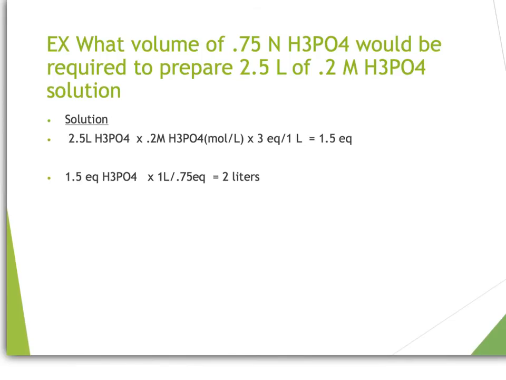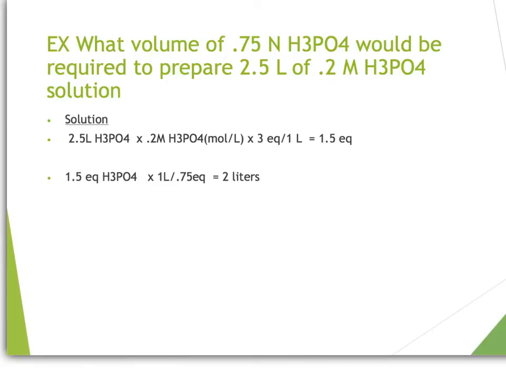Our final example problem is as follows. What volume of 0.75 normal phosphoric acid would be required to prepare 2.5 liters of a 0.2 molar phosphoric acid solution? Now we have 2.5 liters of phosphoric acid at 0.2 molarity.